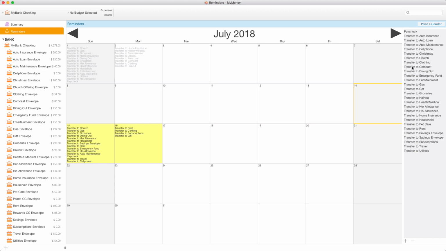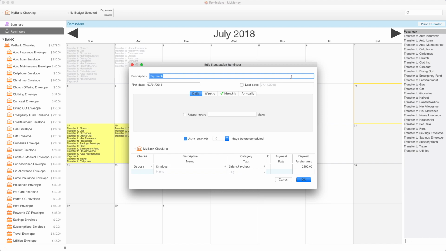So paycheck, if I double click on that, it brings it up in the edit. This little check mark here shows you which recurrence timeline I've selected. So on the 1st and the 15th, this transaction occurs, $2,500, and this auto commit button allows, again, my pay is very regular, it's the same amount, so I don't need to go in and type in the amount.